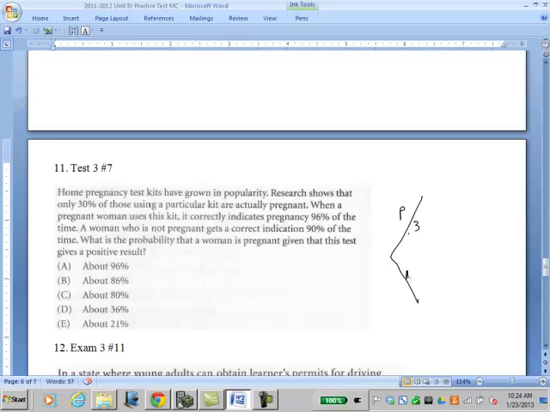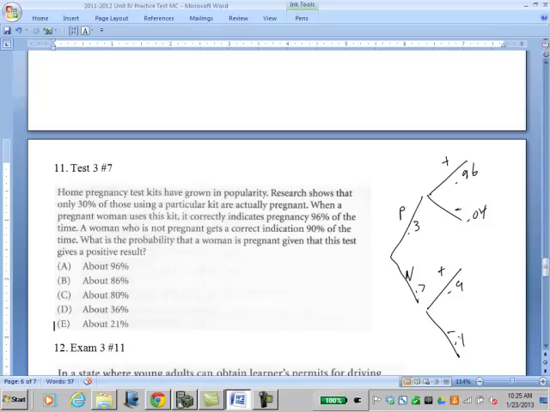That she's not pregnant is 0.7. Now, if she is pregnant, you get a positive 0.96 and a negative 0.04. And if she's not pregnant, you get a positive of 0.9 and a negative of 0.1.